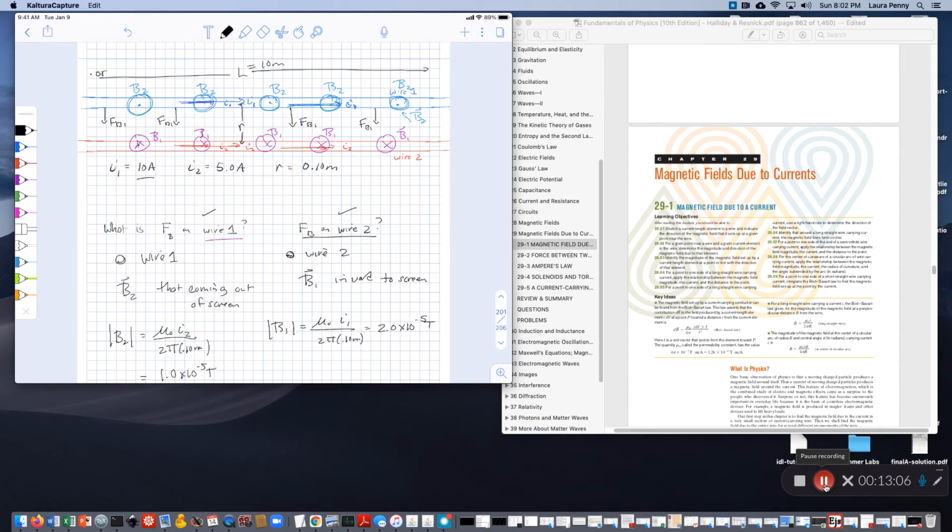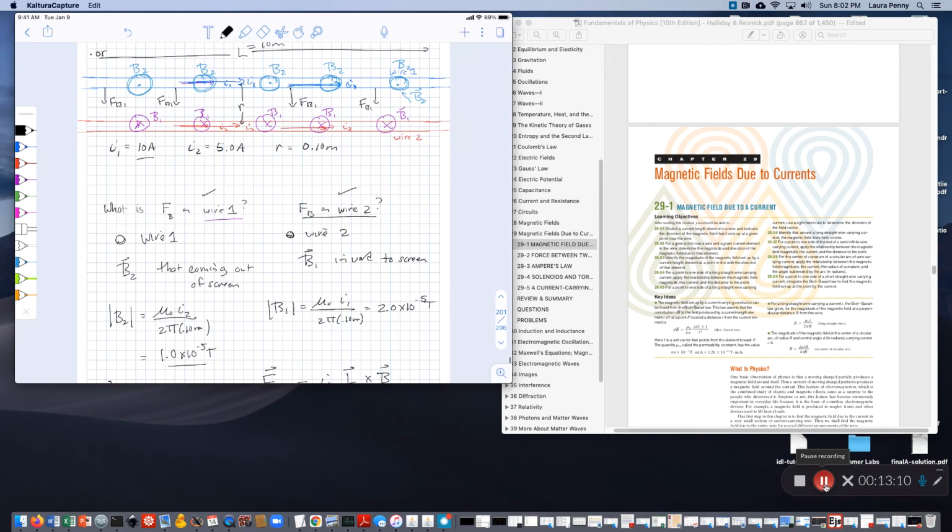And in fact, the direction here, if we do current 2, we put our right hand fingers in that direction, and now we're going to curl our fingers into the board for the magnetic field. We're going to get a force.